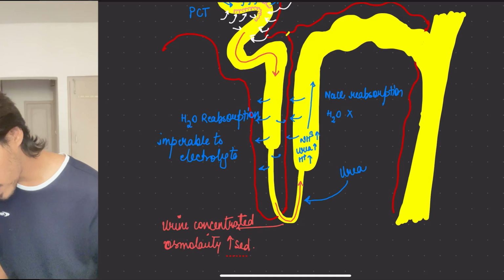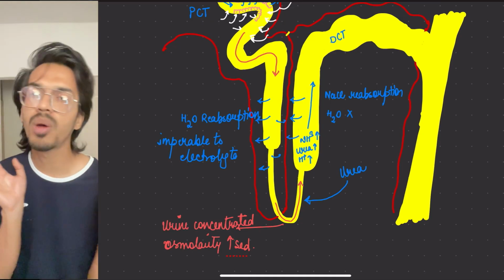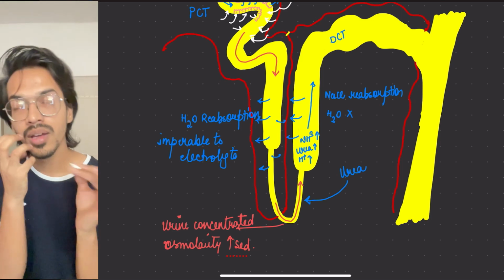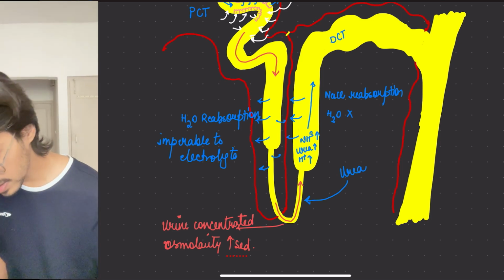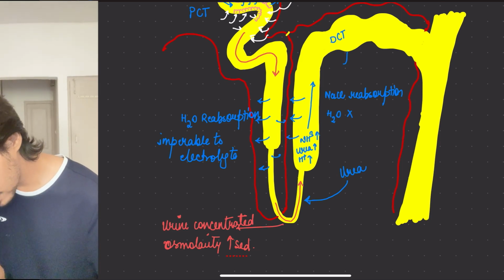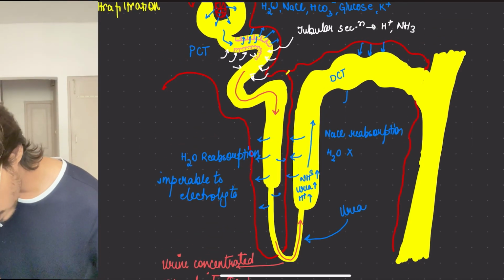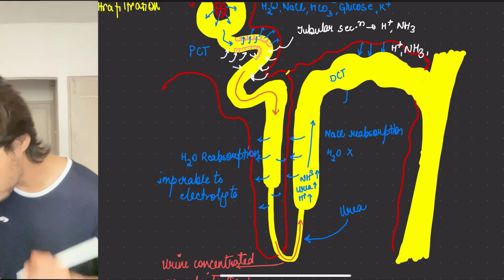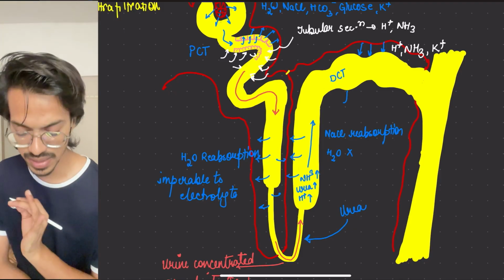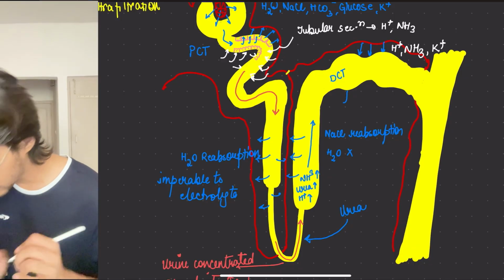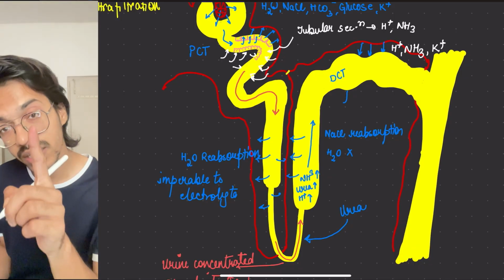As it keeps on going out, over here in the DCT, no reabsorption occurs. If secretion has to be done, then secretion is still present. What secretions would occur? H positive and ammonia, even K positive if it is present there. But nothing else occurs in the normal condition.